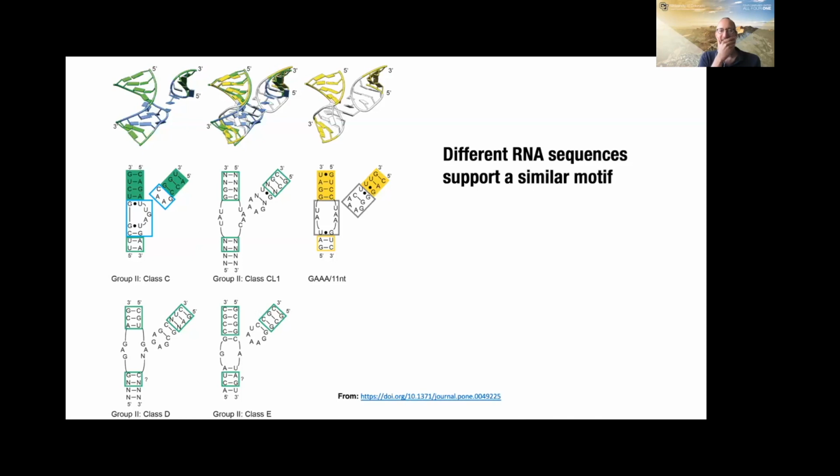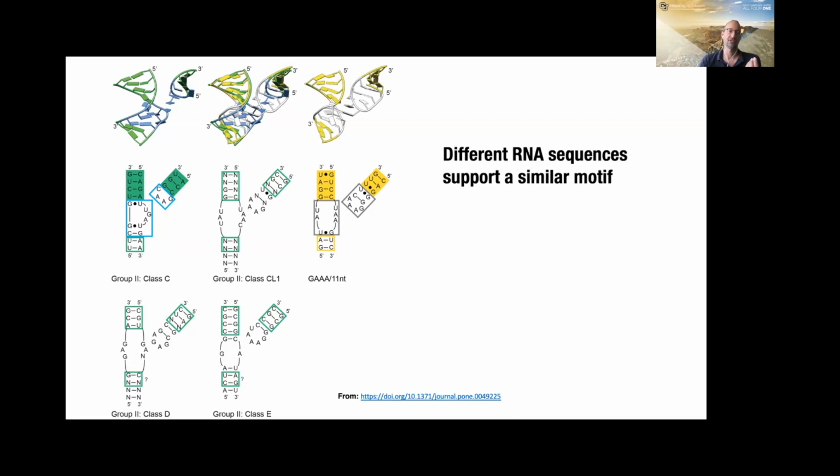So what's interesting is that because we have different examples in these different molecules, and people have looked at this, we can have different sequences even, right, of loops, so a stem loop here interacting with a receptor, that still nonetheless adopt the same structure and support the same interaction patterns.